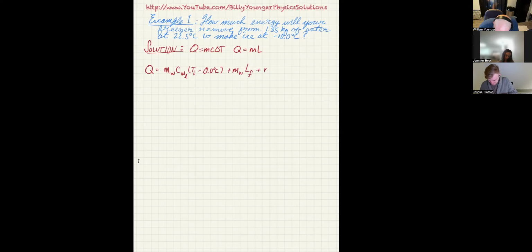And then I've got to use the mass of the water times the specific heat of water, but this time not in the liquid state, but in the solid state. So I'll put an S there. And this one's going to be from 0 to negative 10. So if I do 0 minus negative 10, that'll be positive: 0.00 degrees Celsius minus negative 10.0 degrees Celsius. And that should be the whole equation.